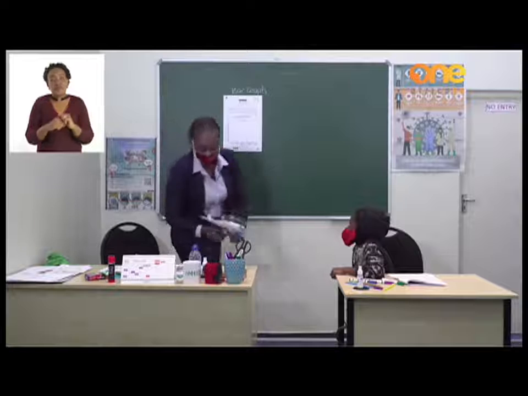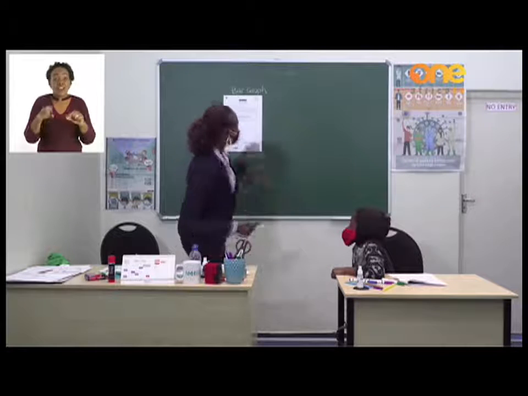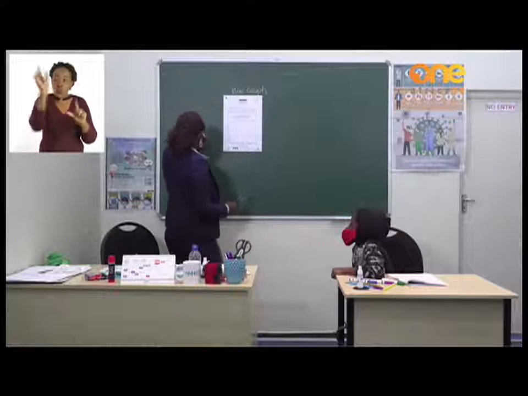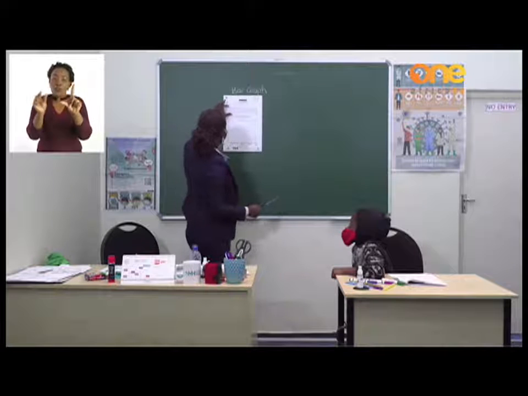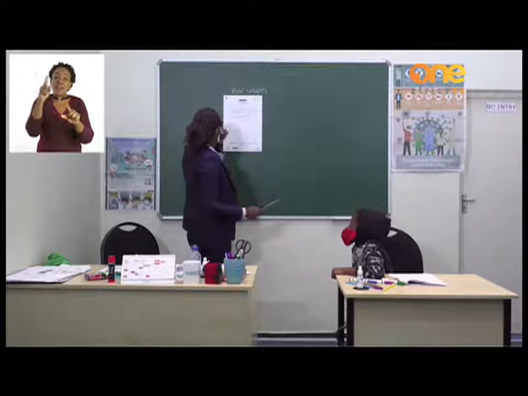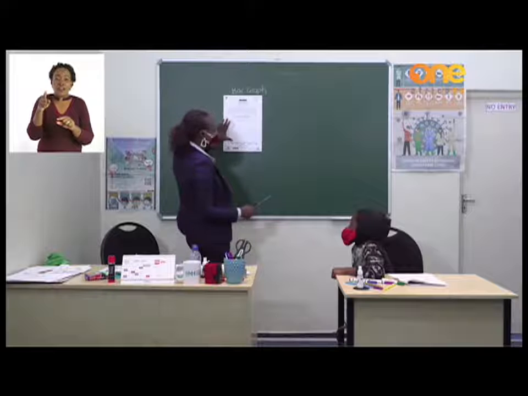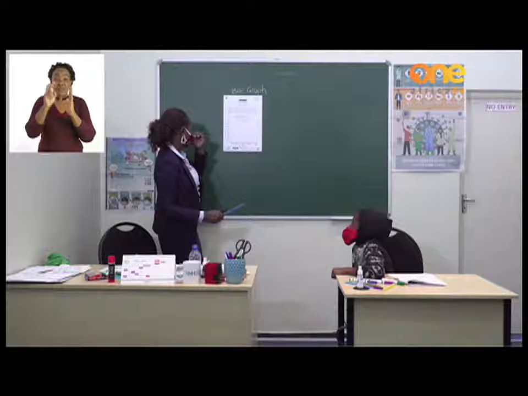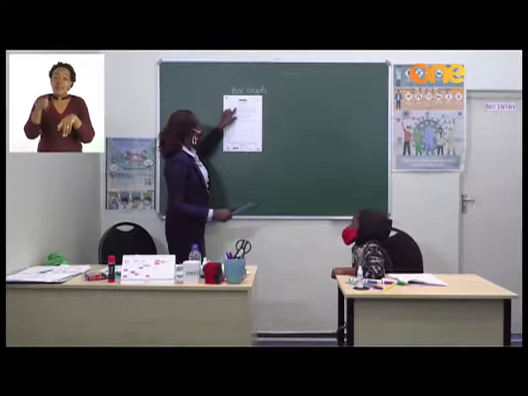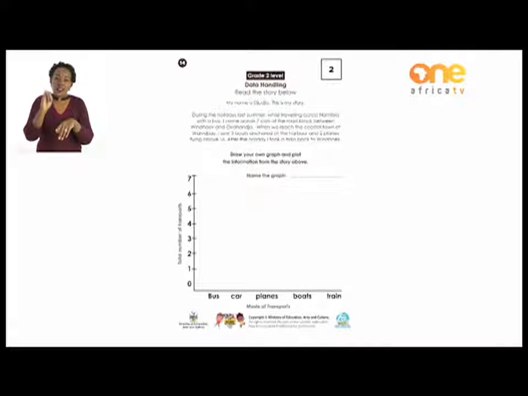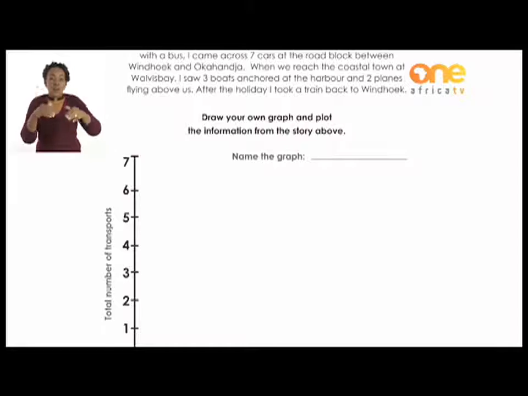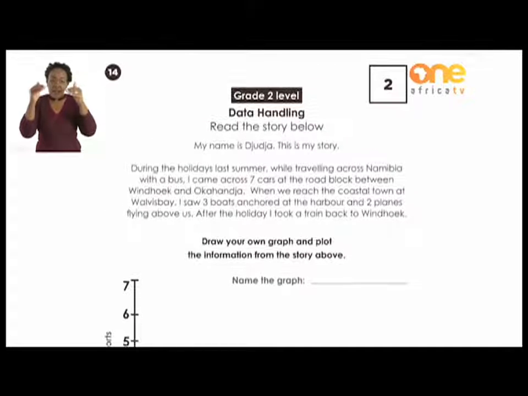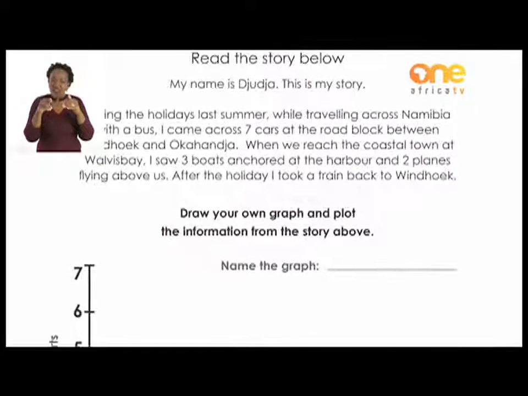And we are going to draw the bars from the story which is given here. Let's read the story, and whilst we are reading, we'll be drawing the graph. During the holidays last summer, whilst traveling across Namibia with a bus, which means one bus.